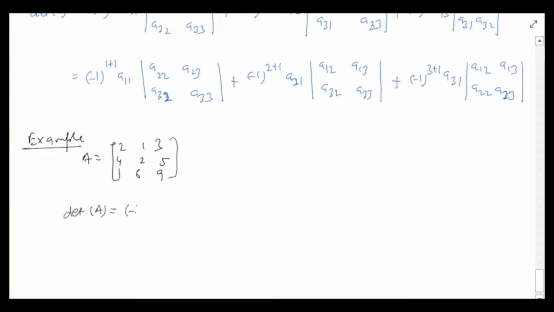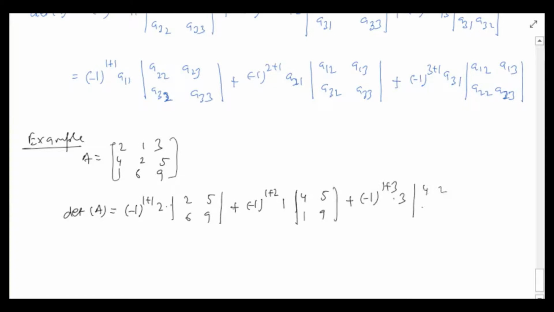So first minus 1 raised to 1 plus 1 times 2, and the submatrix that I'll consider is 2 5 6 9, then plus minus 1 raised to 1 plus 2, and now I have 1, and the submatrix that I'll consider is 4 5 1 9. Finally I'll consider the third element of the first row, minus 1 raised to 1 plus 3 times 3 times 4 2 1 6.